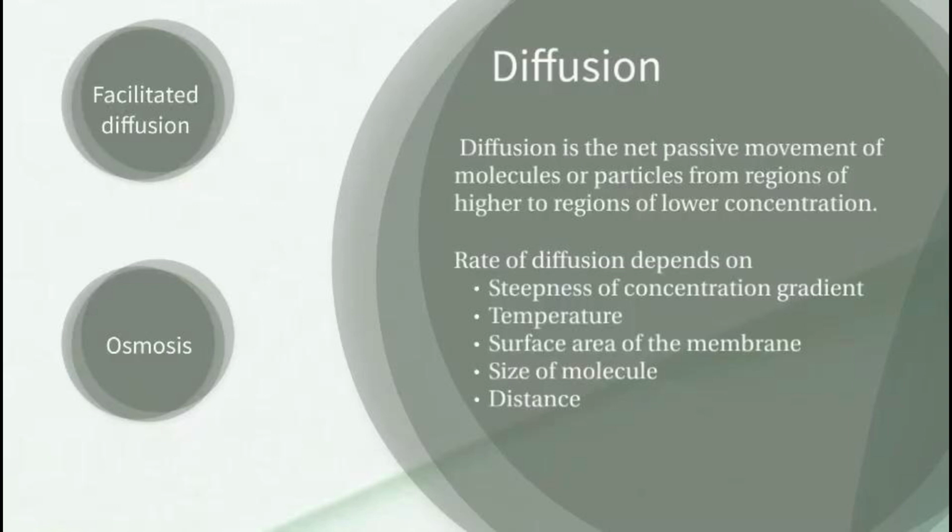We then have the size of a molecule. So if the substance that's diffusing has very large molecules, then that will take longer because they will require more energy to move. And also we have distance. So you will have a higher rate of diffusion over a shorter distance than over a longer distance because it will take the particles longer to reach the areas of low concentration if the distance is greater.